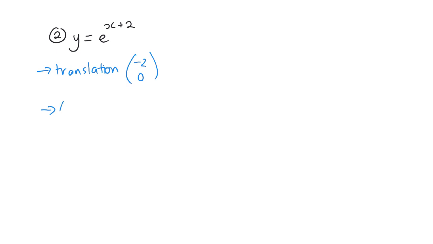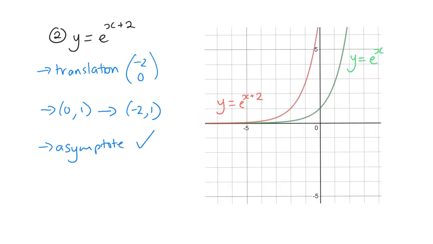So that means our point 0, 1 moves to minus 2, 1, and our asymptote will just stay the same. Okay, so we can see our original graph would be y equals e to the x, and our transform graph, we're moving it 2 over, so it goes through the point minus 2, 1.